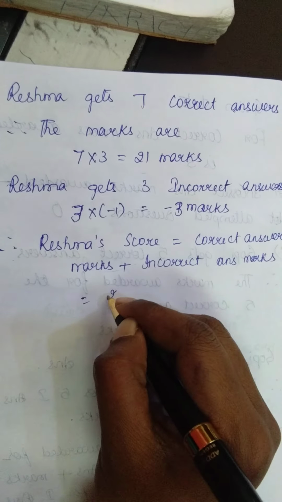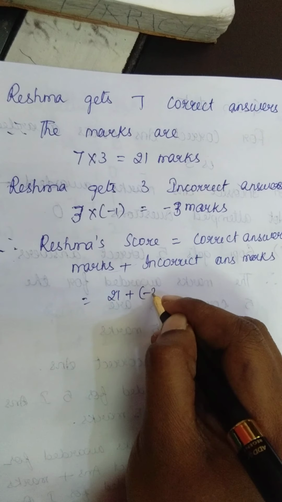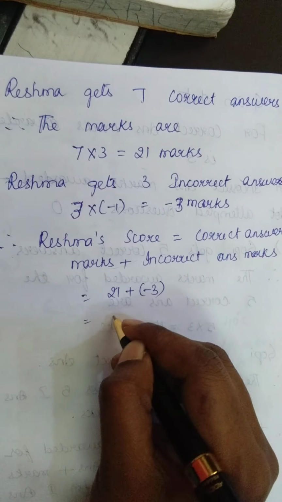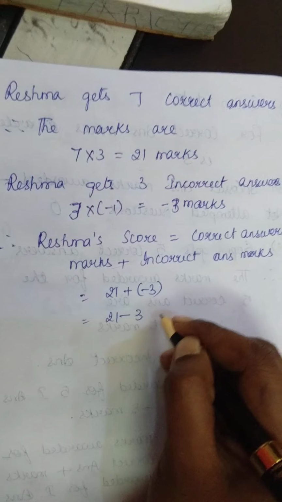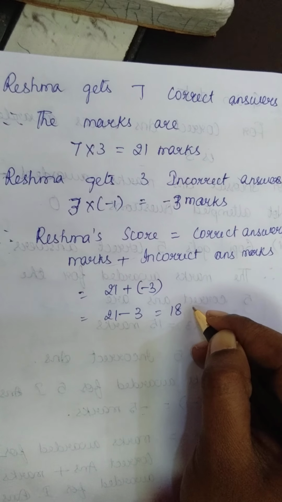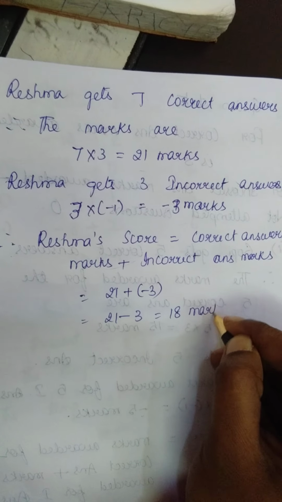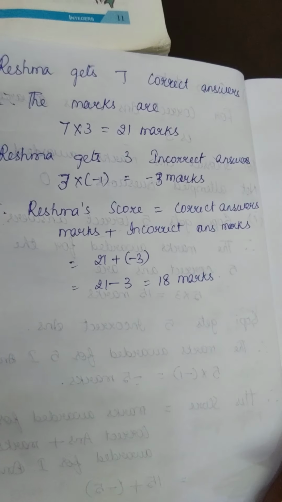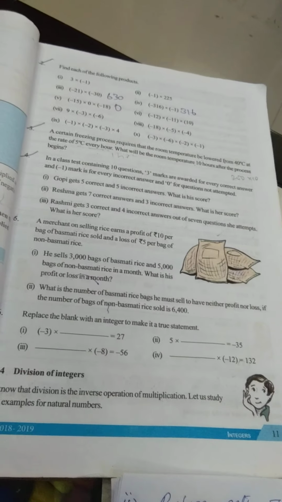Therefore, 21 plus minus 3. So total how many? 21 minus 3, 18 marks. Finally, Reshma got how many marks? 18 marks. Clear? Now see the third question.